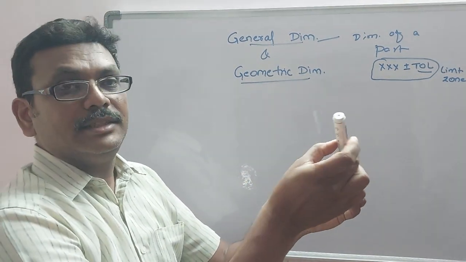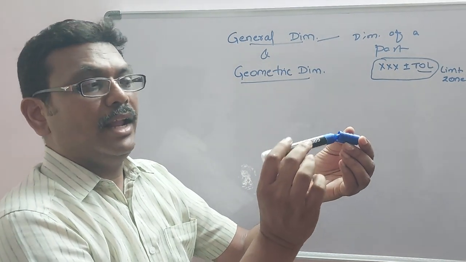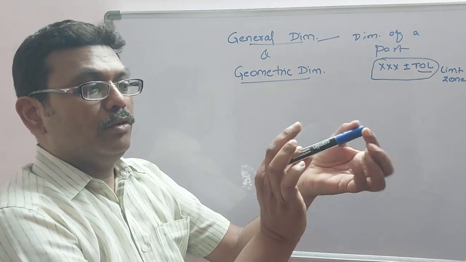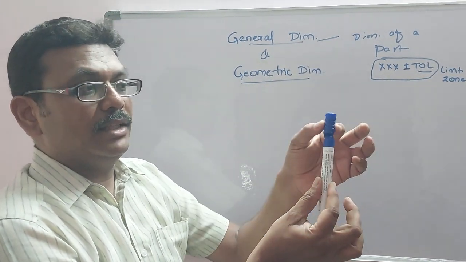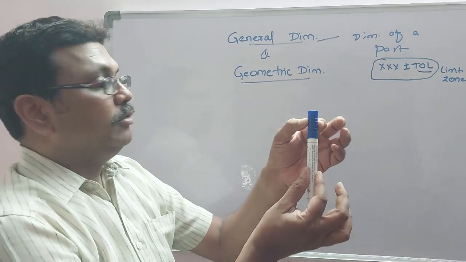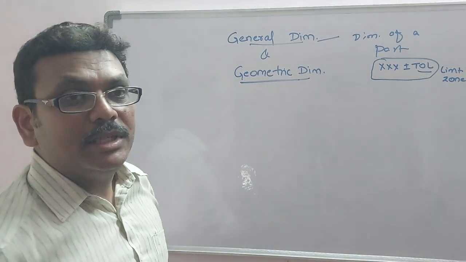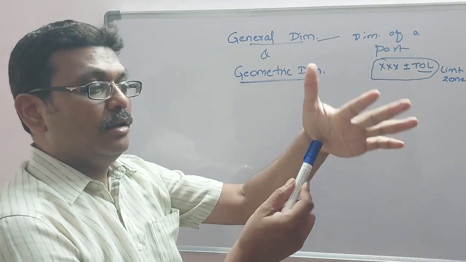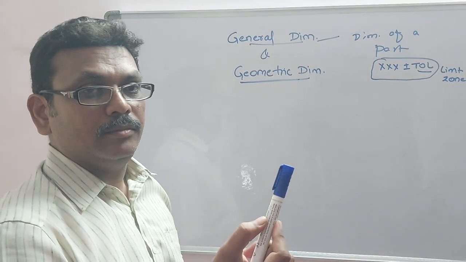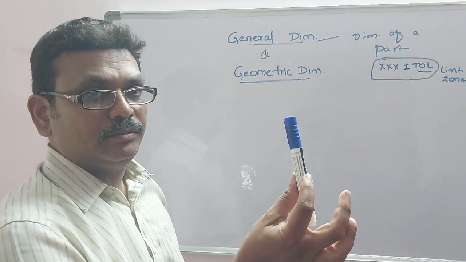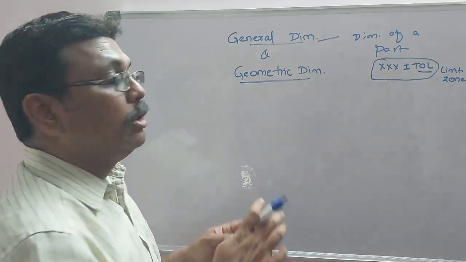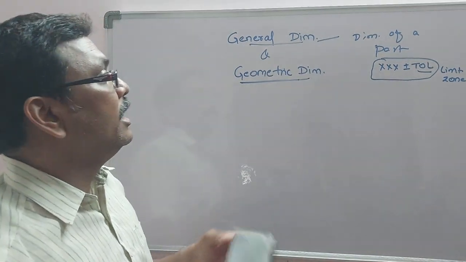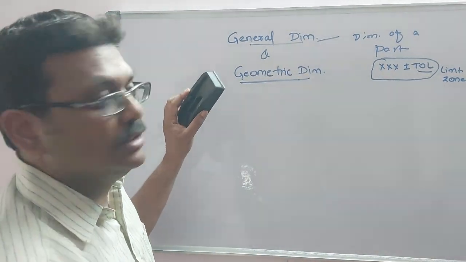It can be like this, inclined, or at some 90 degrees, or else it won't fit into it. But if we apply geometric dimensioning and tolerancing in this concept, we can assemble this component perfectly without any deviation. So that is the use of geometric dimensioning, and this is the difference between general dimensioning and geometric dimensioning.